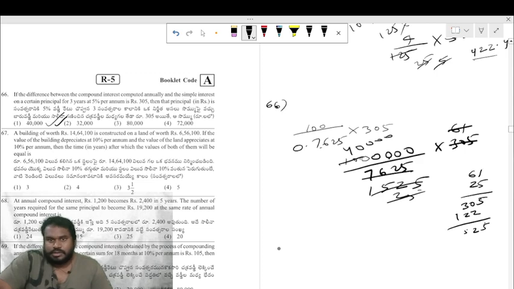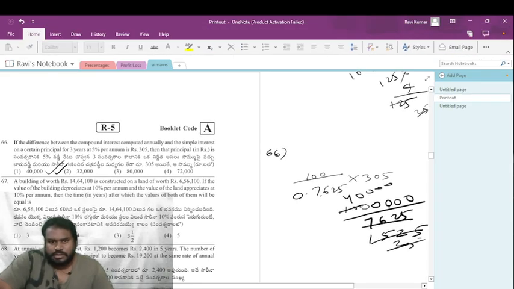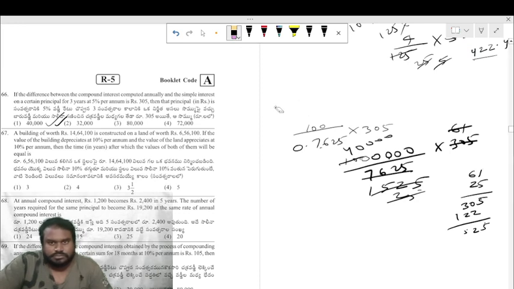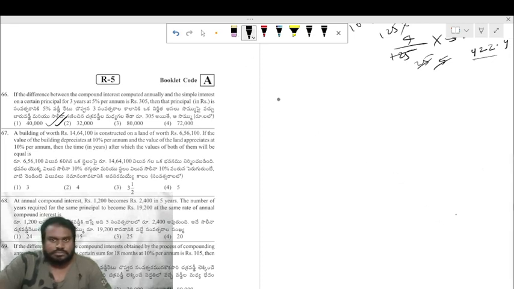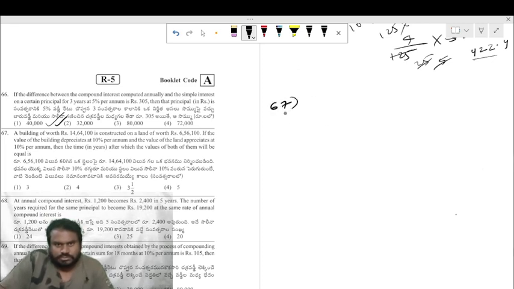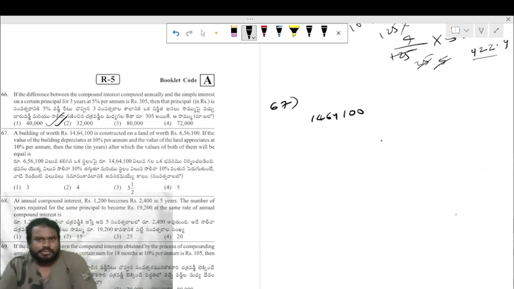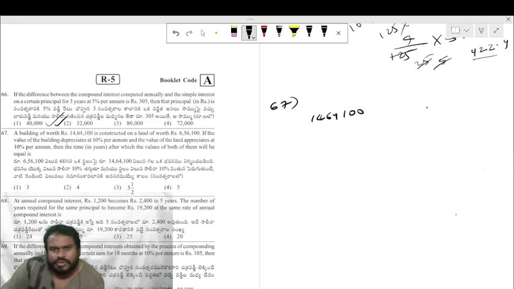Second, question 67. A building worth 14,64,100 is constructed on a land worth 6,56,100.